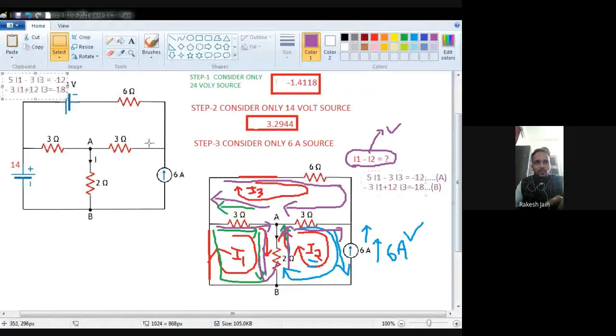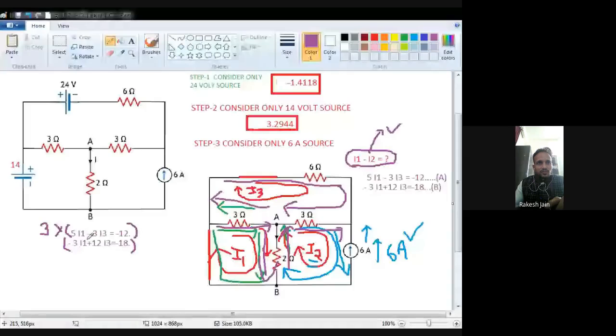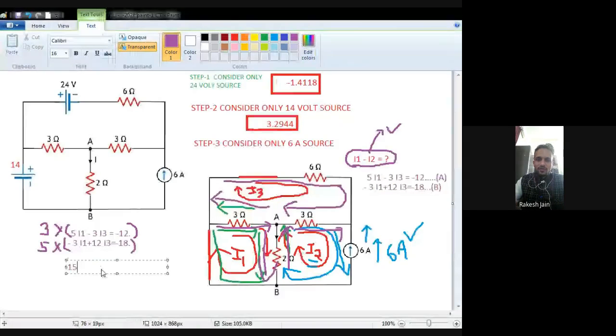Okay, I forgot to write down the equation. First I write 6 I3 for the 6 ohm, then for the 3 ohm, I3 goes right to left and I2 goes left to right. So I write my current with positive, so plus 3 I3, and the other current with negative sign, so minus 3 I2.